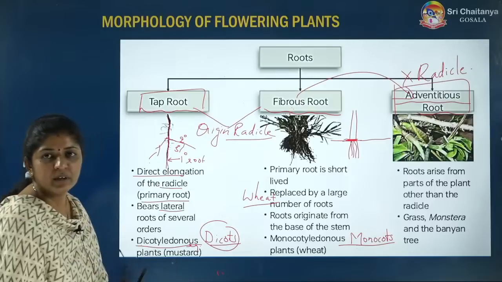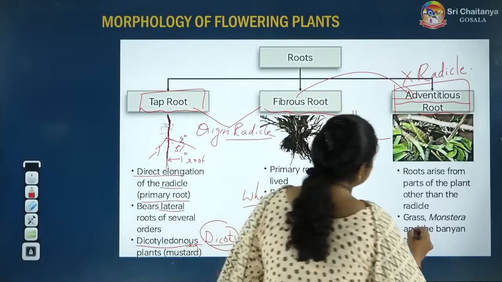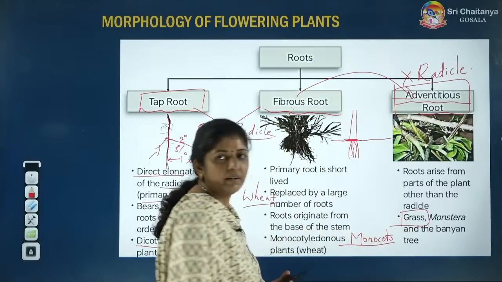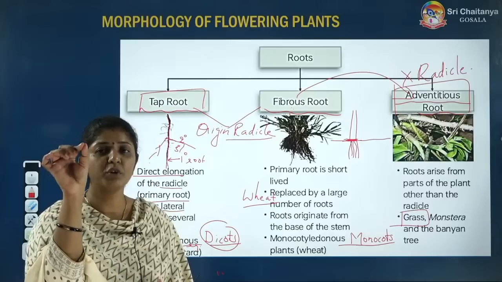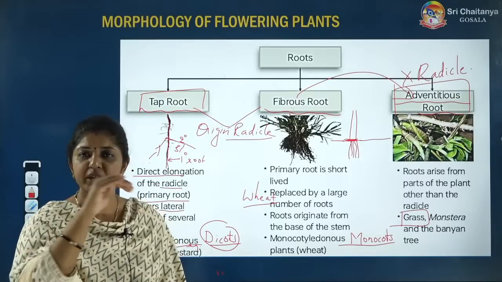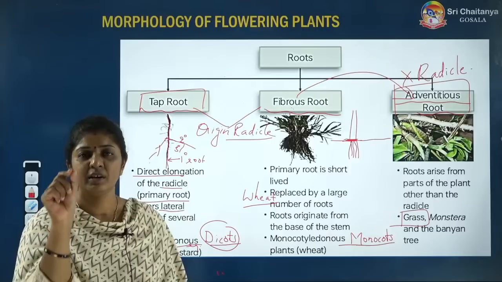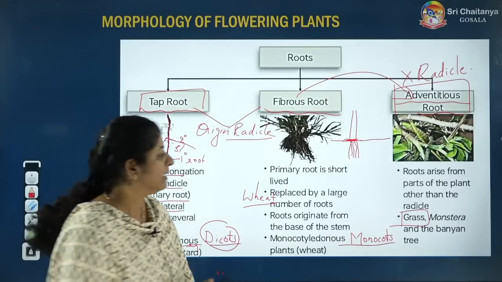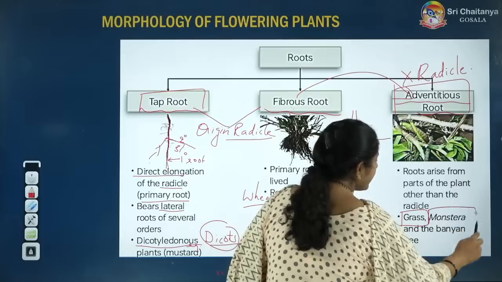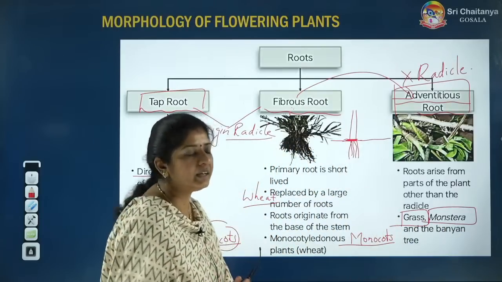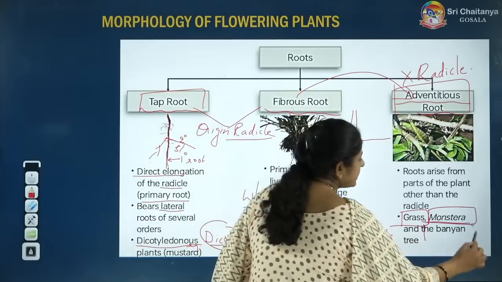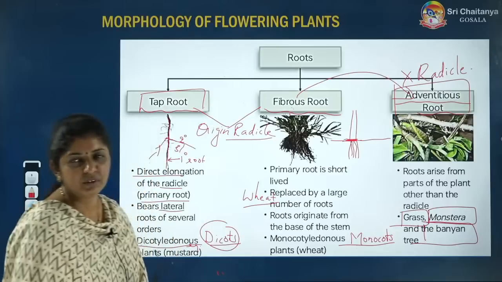Such monocots have fibrous root. An example of adventitious root is grasses, because, as I just said, the roots are coming from the nodes of the runners. The origin is not radicle; the origin is the node part. So grasses, monstera is another plant we will discuss in detail. Banyan tree I will discuss in modifications.